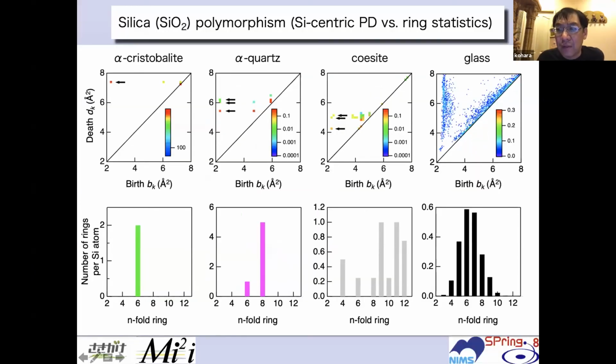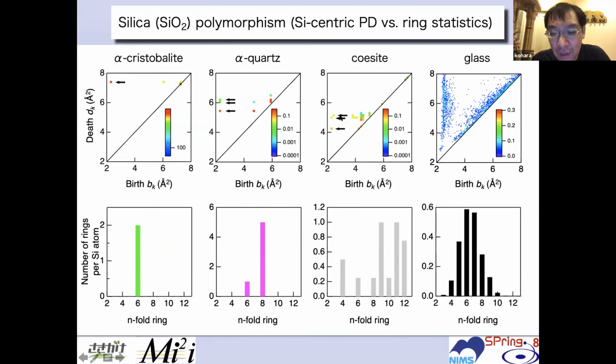Okay, I'd like to show this slide again. The important point is that ring statistics cannot tell us the shape of the ring, whether the ring is very symmetrical or not. These data are just the size of the ring, with no information about shape.